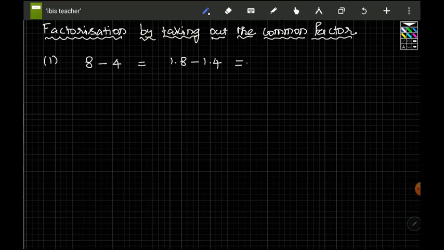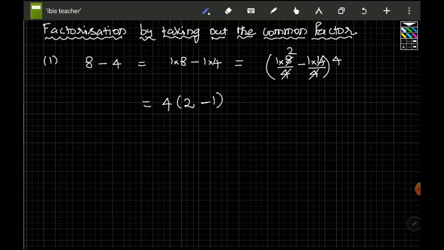Since 4 is common, you are going to divide each term by 4. 1 into 4, it is actually a multiplication, right? So 1 into 8, 1 into 4, divided by 4, and take out 4. 1 fours are 4, 2 fours, 1 fours are 4. Now we are getting what? 4 is out. So 2 is the first term minus 1.